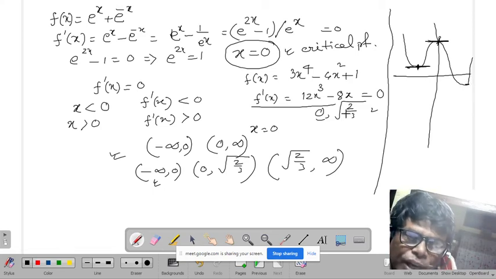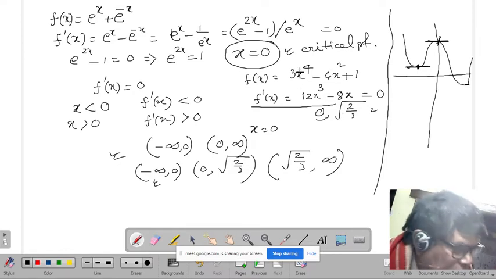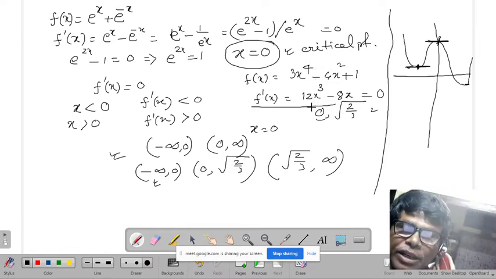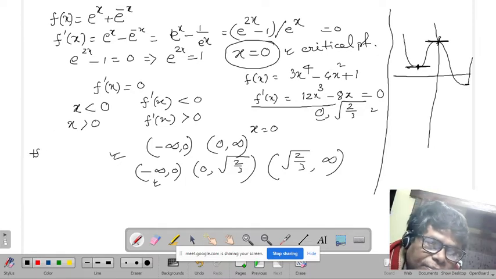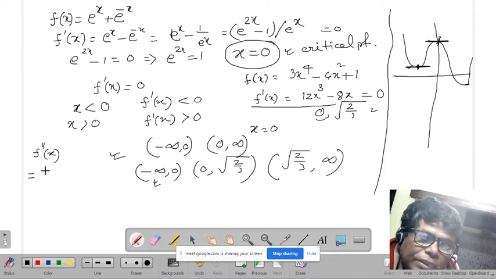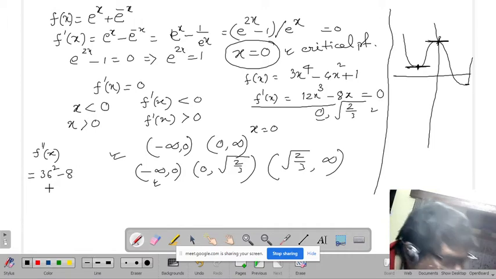Now how to find this point of inflection? From here you can do it. Take the second derivative. So what is the result? 36x square minus 8.